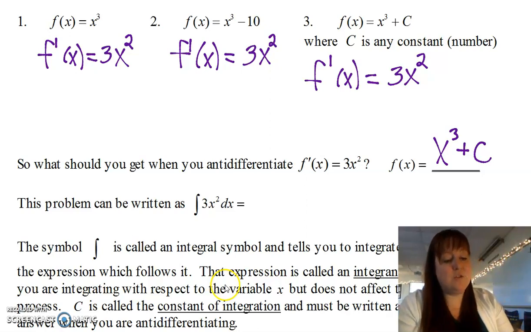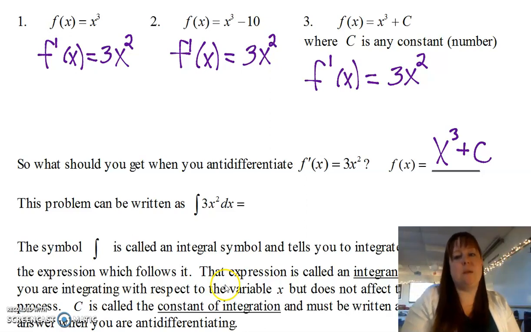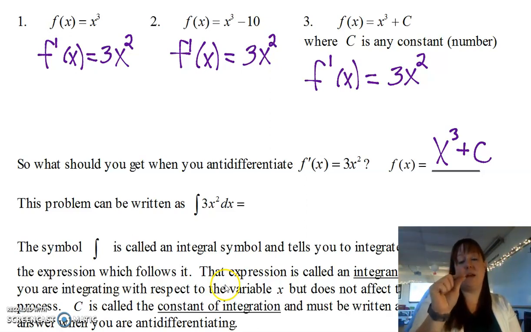Because if I said the derivative of some function is 3x squared, any one of those functions could be the function, right? It could be x cubed, it could be x cubed minus 10, it could be x cubed plus c. It could have been any function, right? And so you have to add that plus c on there because the function is like a family of functions. It's maybe, oh, I should have put this on Desmos, but x cubed is here, right?